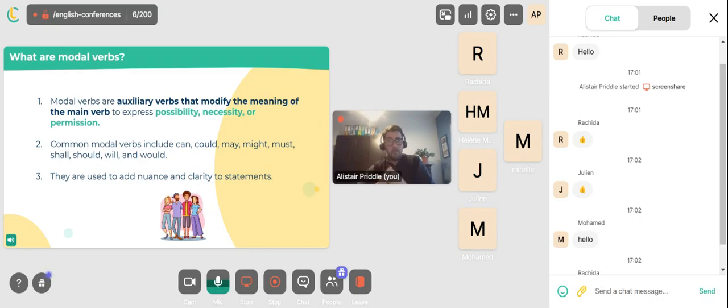These are most of the modal verbs in English, but they are auxiliary. They are the support verb to the main verb in a sentence. Number 3, they are used to add nuance and clarity to statements, and they can really enhance the quality of our language.